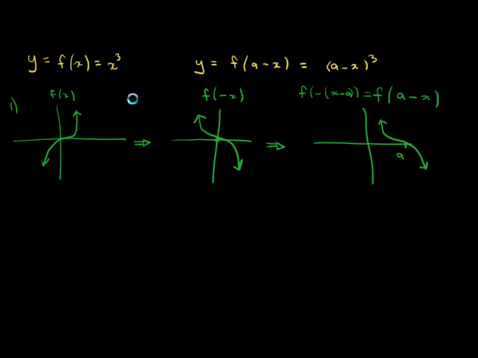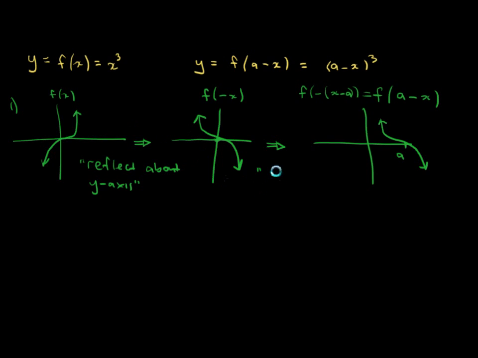So that's one method to sketch f of a minus x. It's to apply this transformation and reflect it about the axis. So as step 1, reflect about the y-axis. That's step 1, which is what we did from here to here.